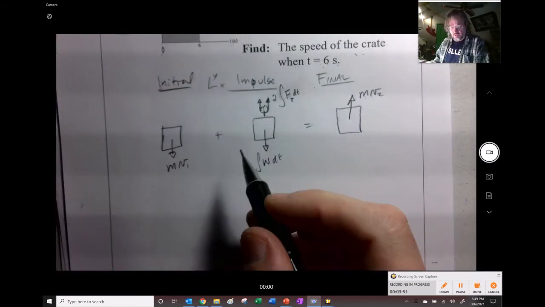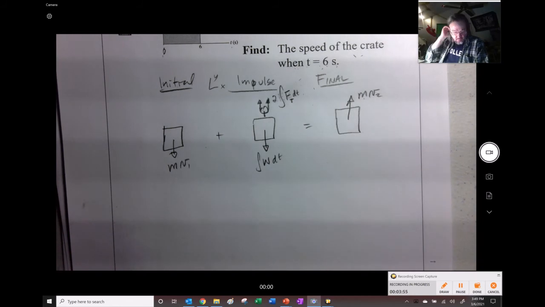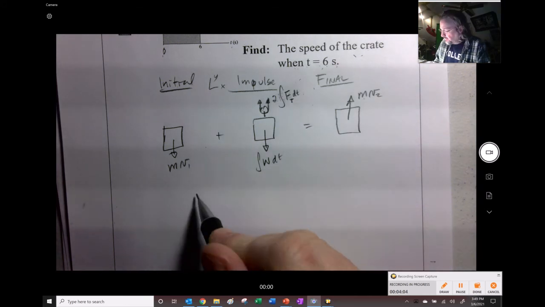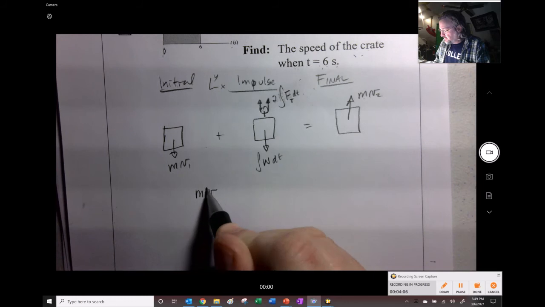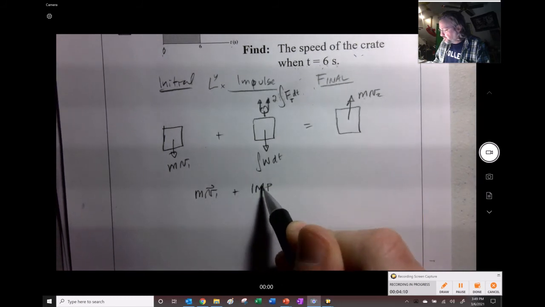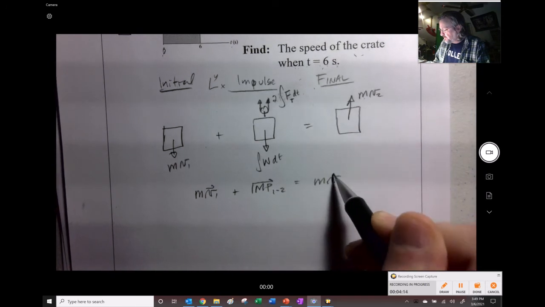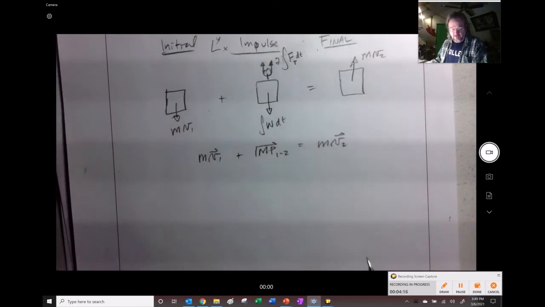So I'm going to write down mass velocity 1 plus impulse 1 to 2 is equal to mass velocity 2.